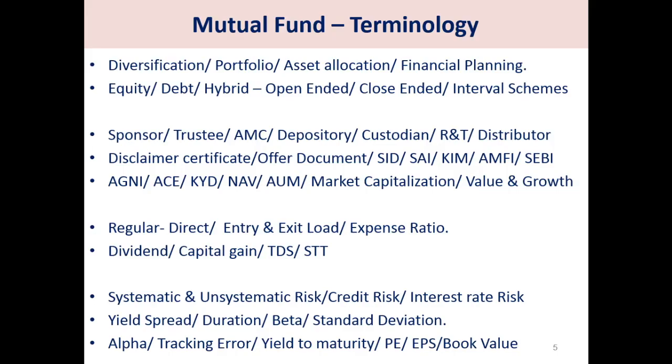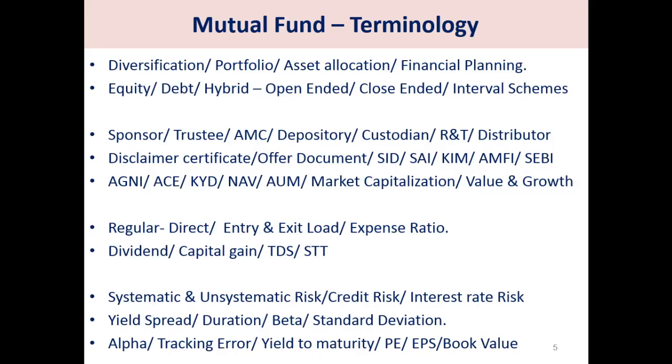Then you have a classification that you need to understand, and that area is basically the types of schemes. Very important. You will have a lot of questions coming from this area, and you have a variety of classifications and sub-classifications under this. You have open-ended, you have closed-ended, and you have interval schemes. Fine. So this is one classification that you need to understand, and the other one is equity, debt and hybrid.